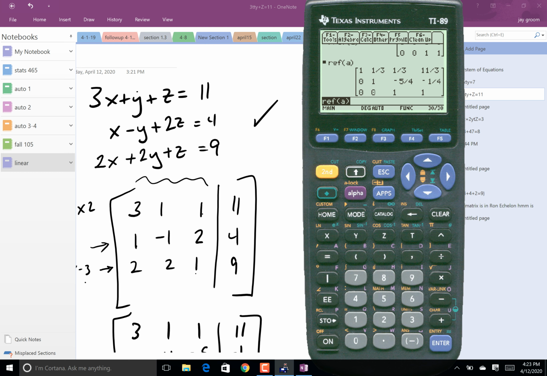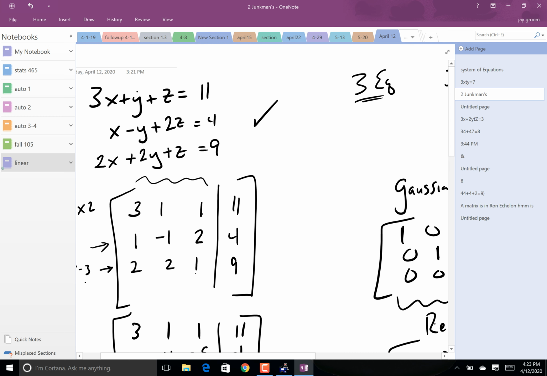So that's row echelon form. So it puts it in row echelon form, but not reduced row echelon form. Again, no one's ever going to ask you to do that except in a textbook, and I certainly am not going to ask for that. That's nice. It's wonderful. It's great. It's whatever.